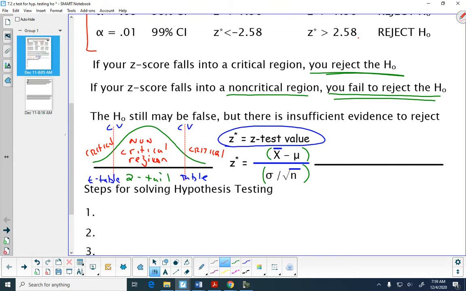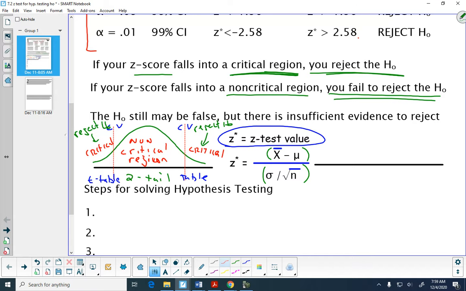We'll do a test value. And wherever this test value is, if the z-score falls into a critical region, which is out here, these are critical regions, we will reject the null hypothesis.